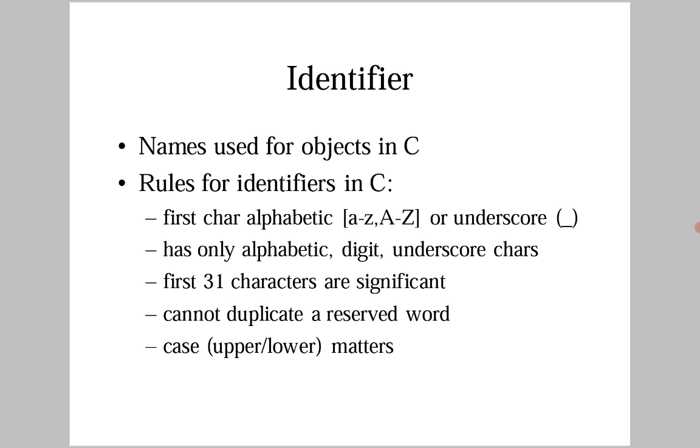Similarly, every identifier or variable should have only alphabets, digits, and underscores. The first 31 characters are significant, so the maximum length of an identifier or variable is 31 characters.